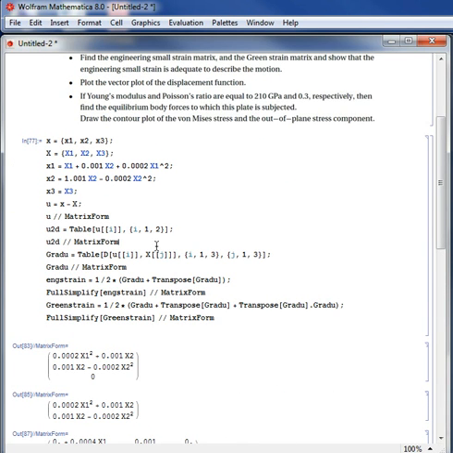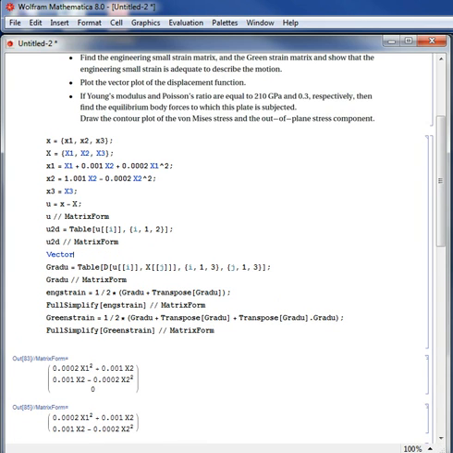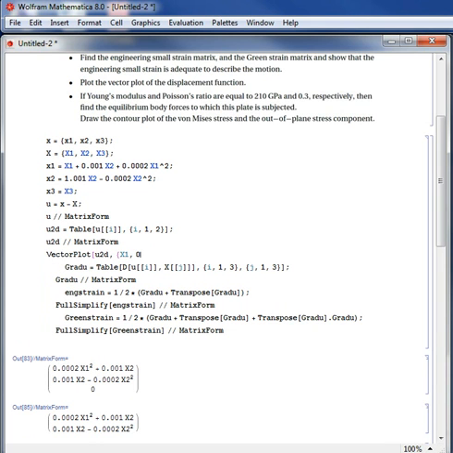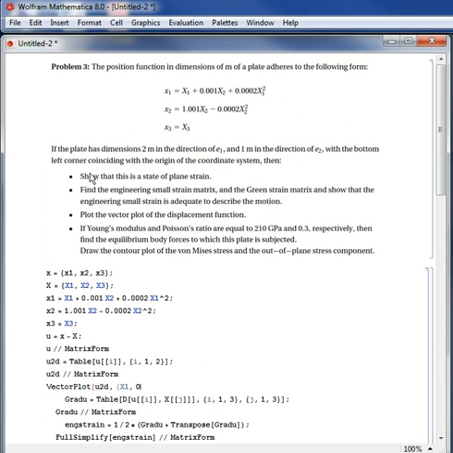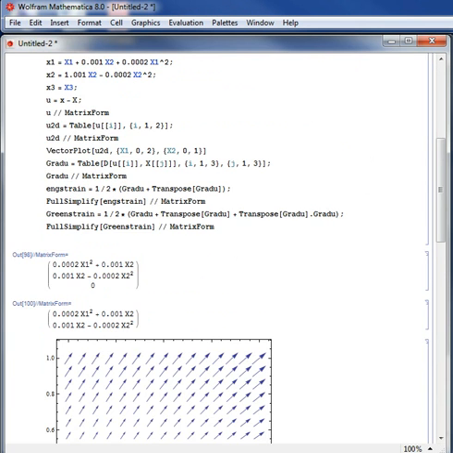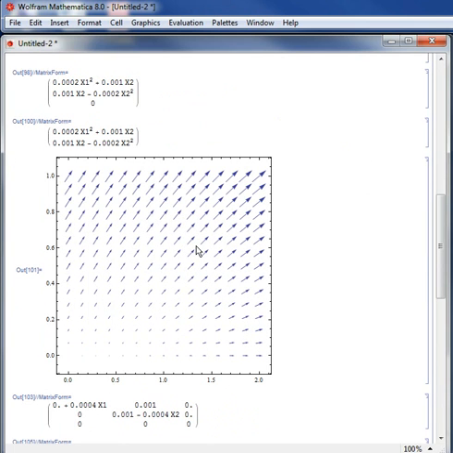And I would like to plot a vector plot of this u2d on my domain, which is the plate, and the plate has two dimensions in E1, so x1 goes from 0 to 2 and x2 goes from 0 to 1. Shift enter, and here's my two-dimensional vector plot of my plate.